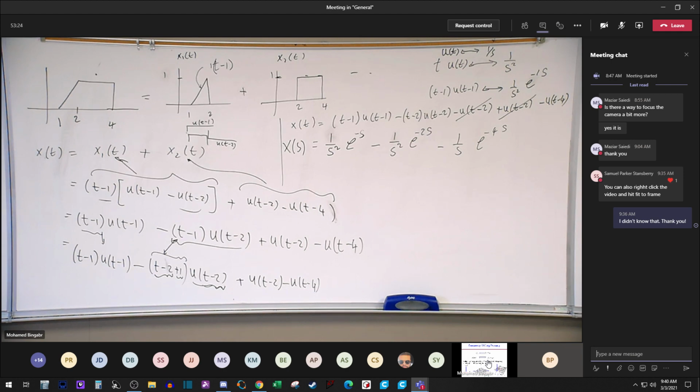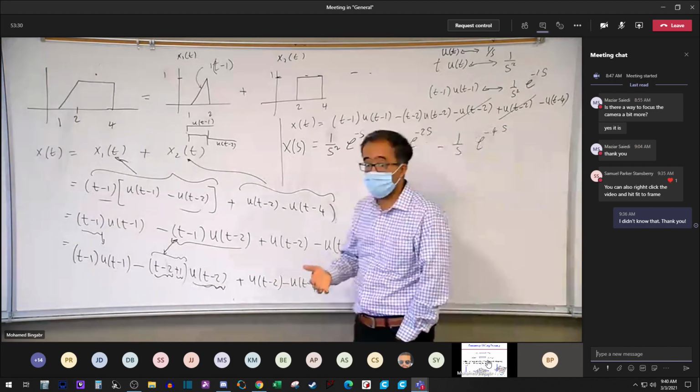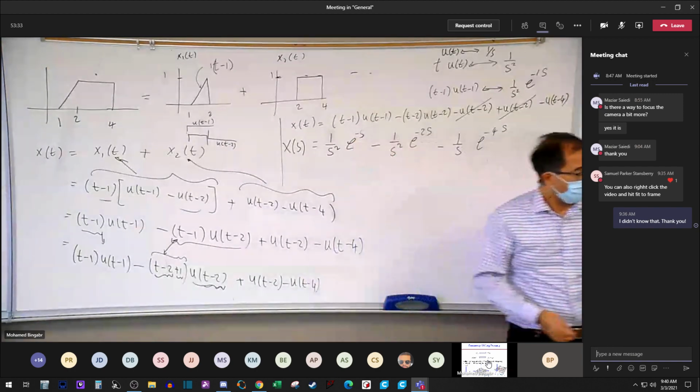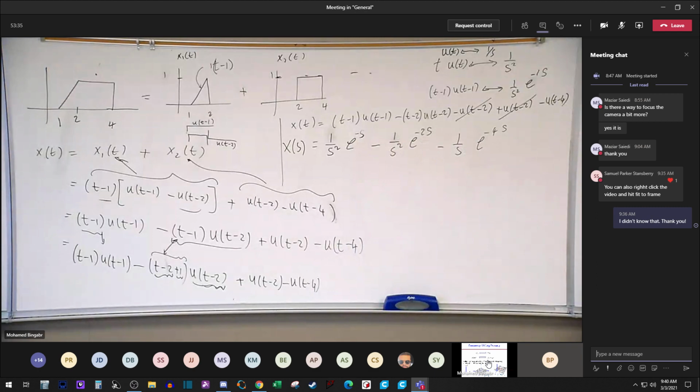Frequency shifting. This frequency shifting has a big application. In communication, if you have a signal x of t in the time domain, and its Laplace transform, we say this is x of s.